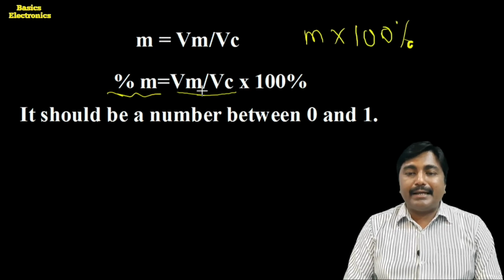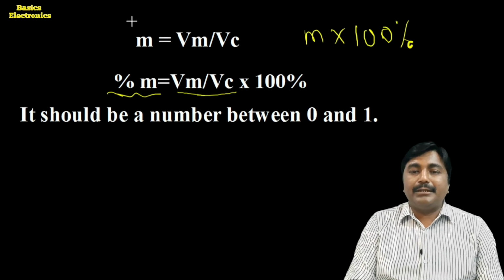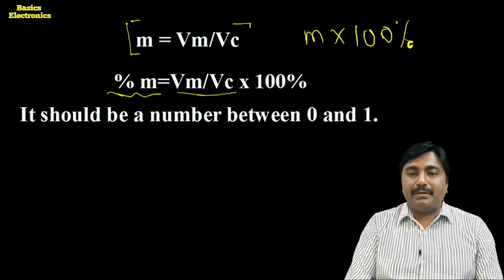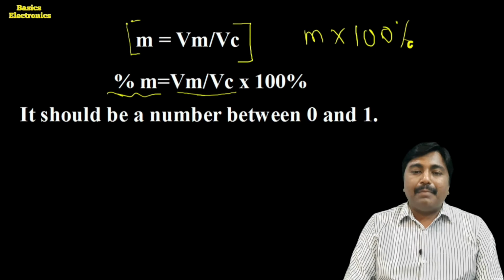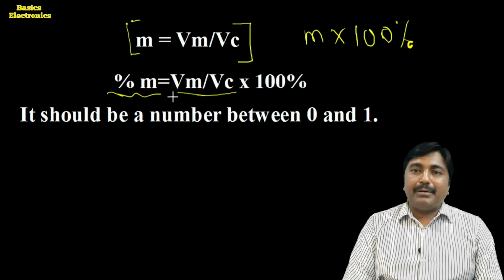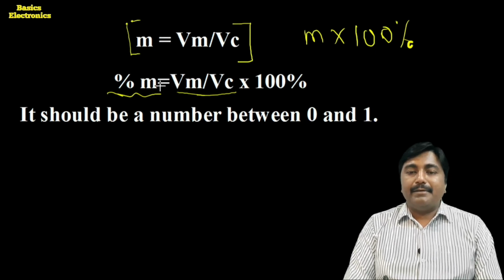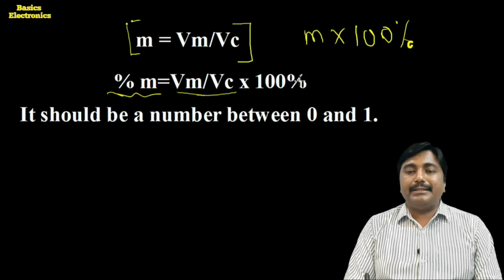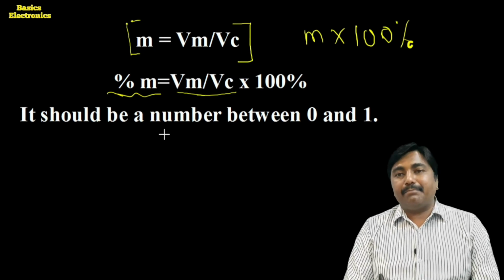The modulation index is a ratio, given by m equals Vm by Vc, and the percentage modulation is Vm by Vc multiplied by 100%.